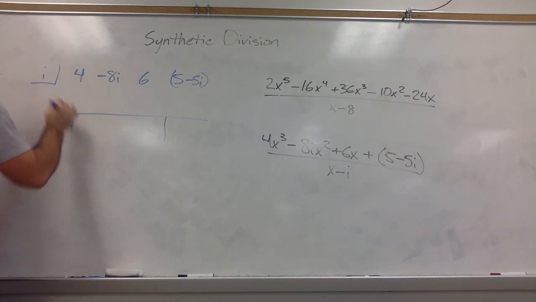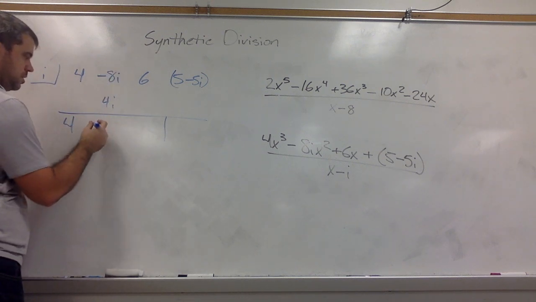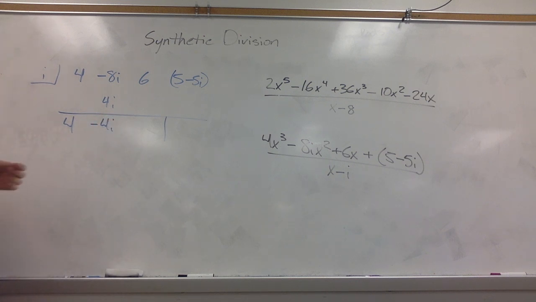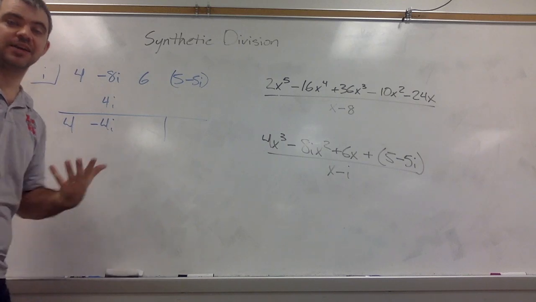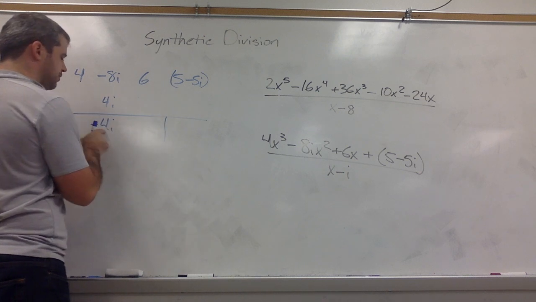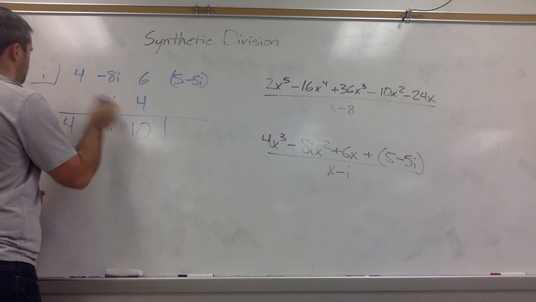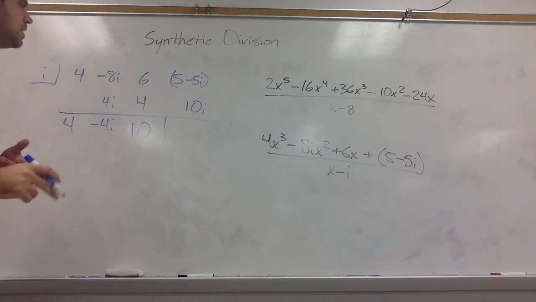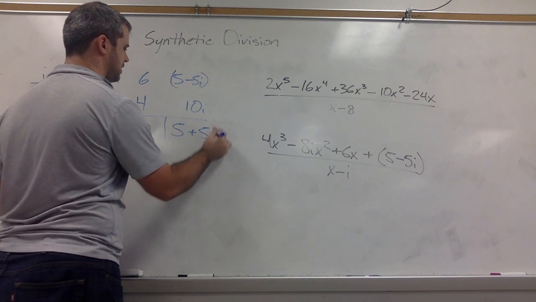So we got 4i, so this is negative 4i. Don't forget, what's i times i? It's negative 1. So this is going to wind up being negative 4 times negative 1, so that's 4, 10, 10i. So this winds up being 5 plus 5i.